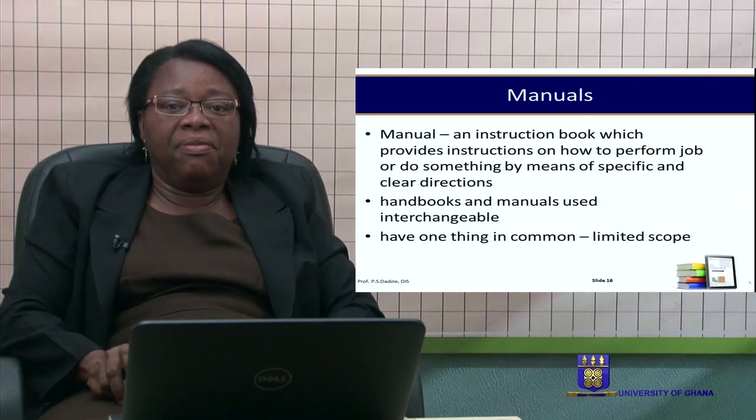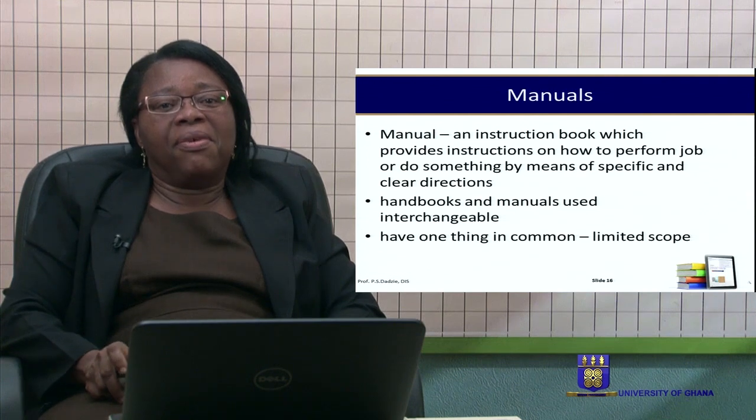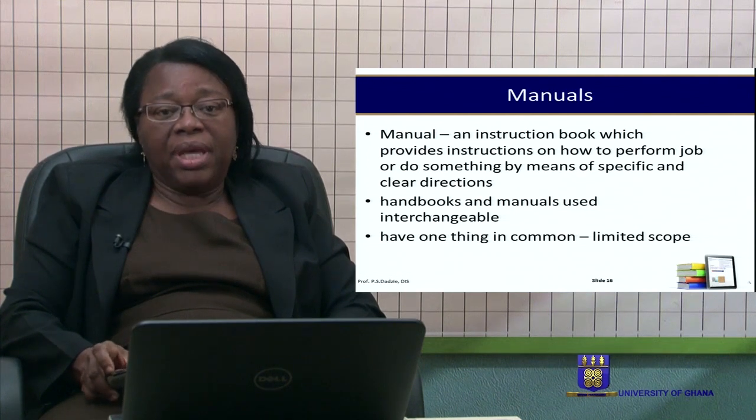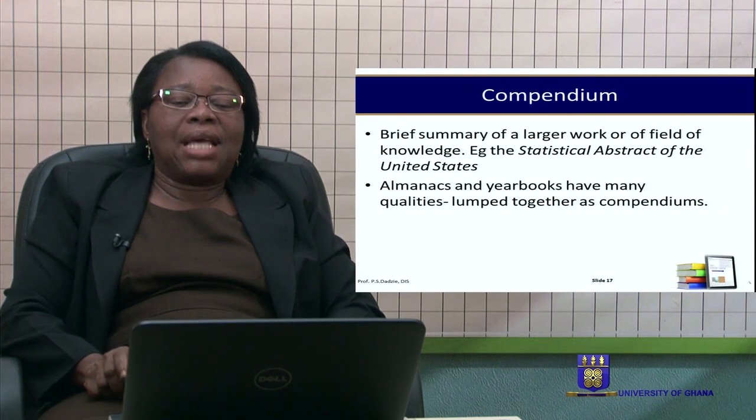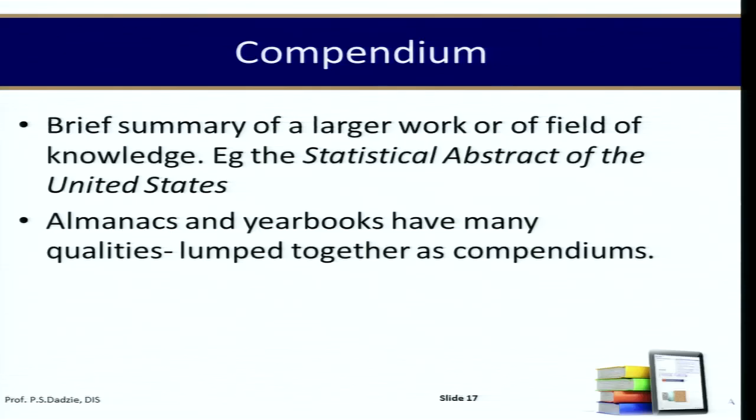They give you just brief information to enable you to perform a very good job. They are also fact sources. Now, the last type of fact source we'll look at is a compendium. Compendiums carry brief information of a larger work. So almanacs and yearbooks have many qualities. They have all been lumped together as compendiums.